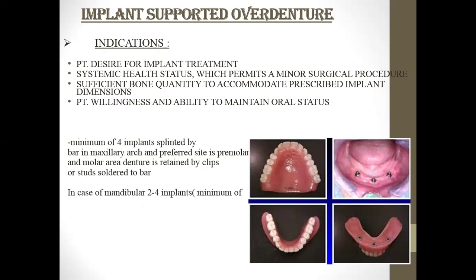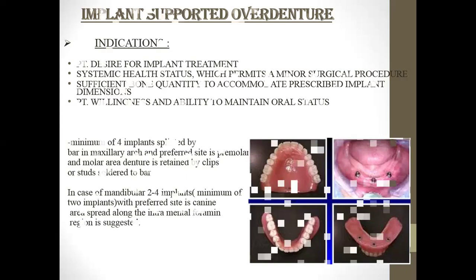In the mandible, because of the cortical nature of the bone, two implants minimum would suffice, and you can sometimes prefer four also. The preferred site of implant placement would be the canine and intercanine region, and then a denture can be fabricated on top. So this is a little bit of an insight into implant-supported overdentures.